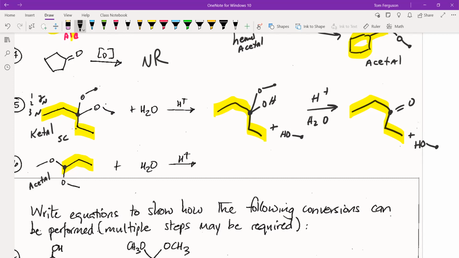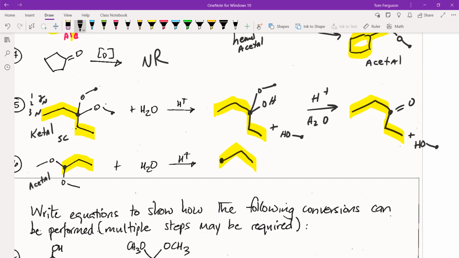So if we reproduce the backbone over here, and the hemiacetal first, let's do it a little different. And that acetal is going to kick off 2 methyl alcohols.